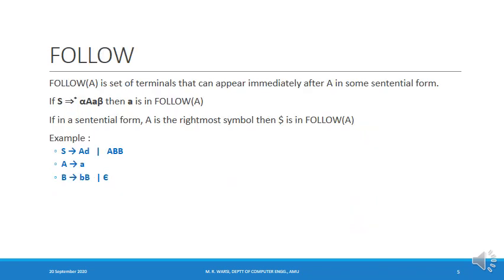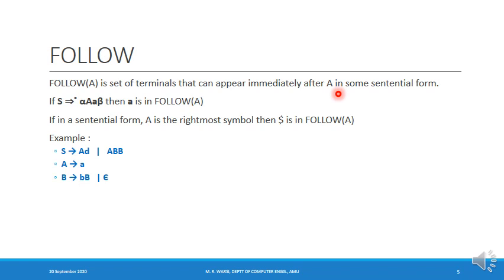Let's now discuss the second function, which is follow. Follow is calculated for some variable. So let us say that we are calculating the follow of the variable capital A. Follow of capital A will be the set of terminals that can appear immediately after A in some sentential form.